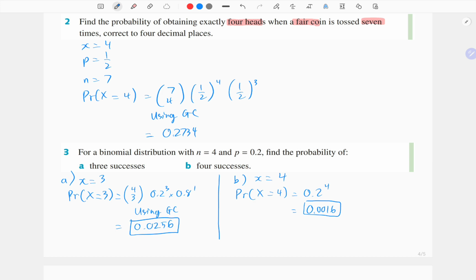How can I do it? 4 successes. So 4 and 0. No, 4 and 4. 4 and 4? Oh, you mean the power? Yeah, 4 and 0. Yes, it is 4 and 0.